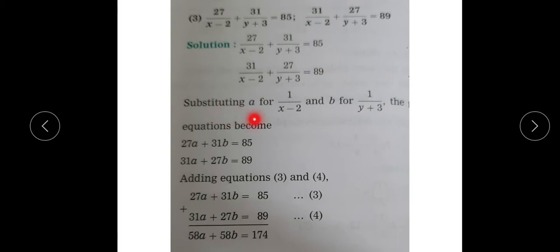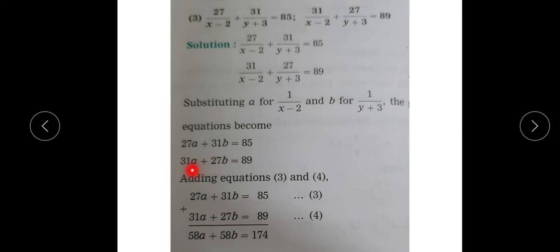Therefore, substituting a for 1 upon x minus 2 and b for 1 upon y plus 3, you will get 27 into 1 upon x minus 2, means 27a, plus 31 into 1 upon y plus 3, means 31b, is equal to 85.